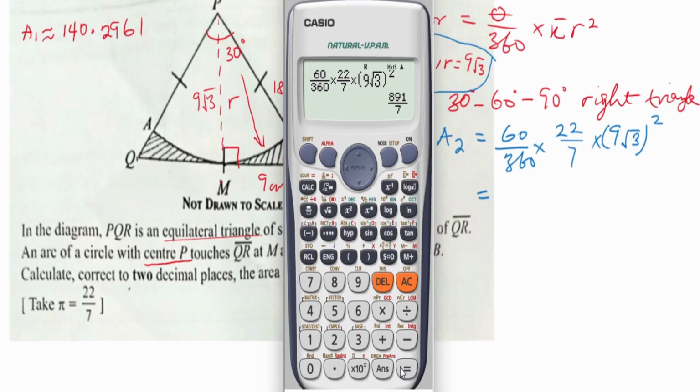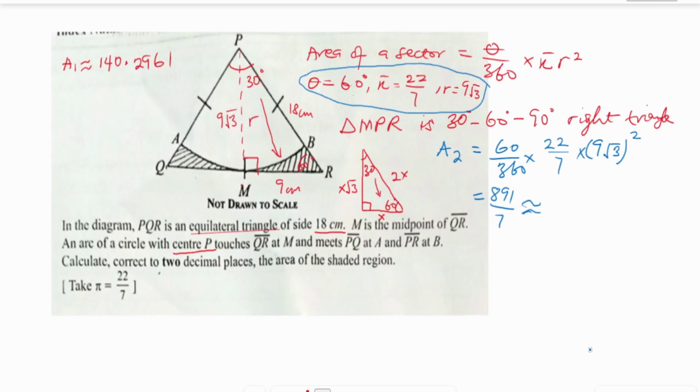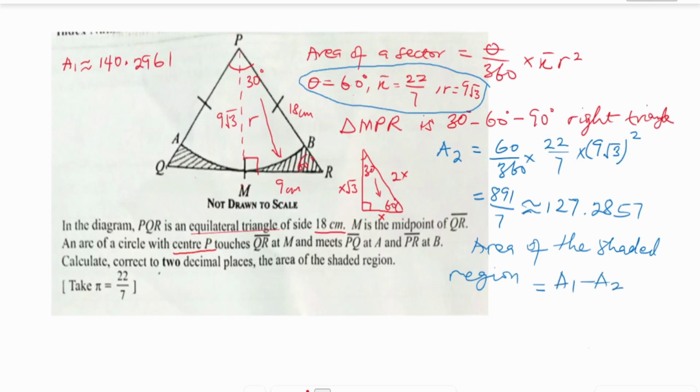And then just hit equal to, and that is 891/7, which in decimals will be 127.2857. So 891/7 is approximately 127.2857.